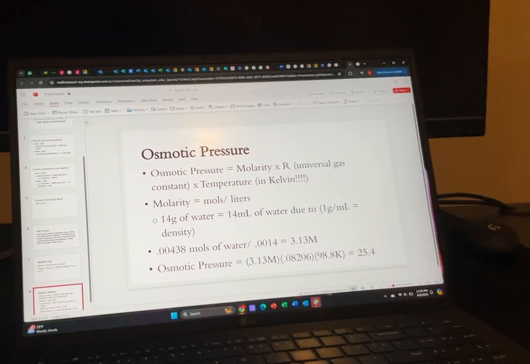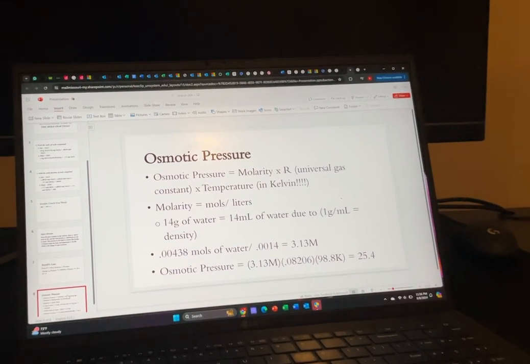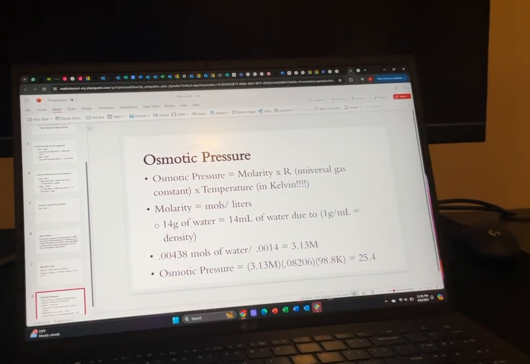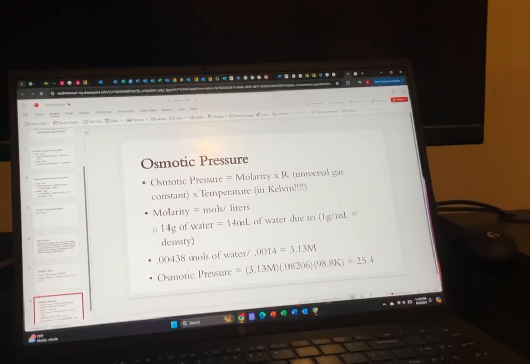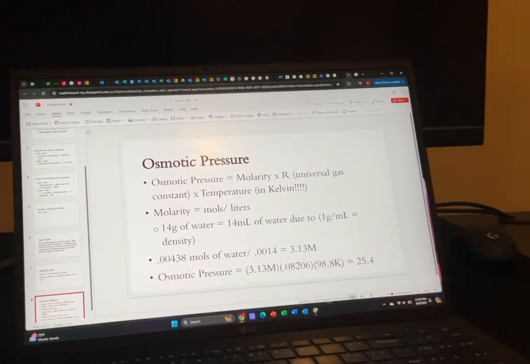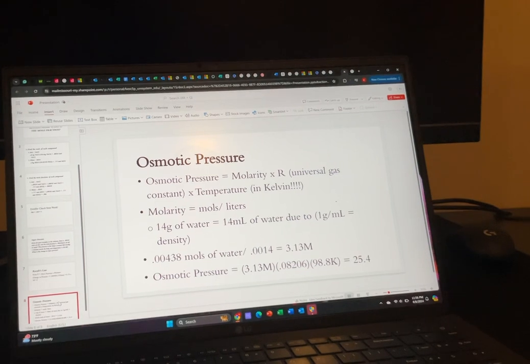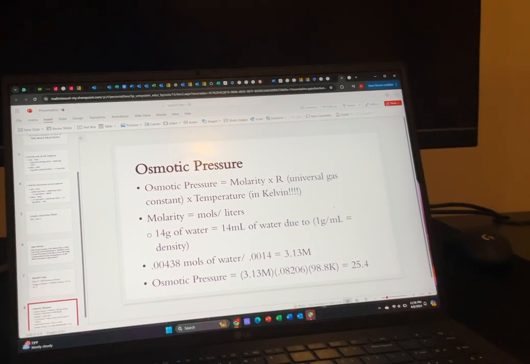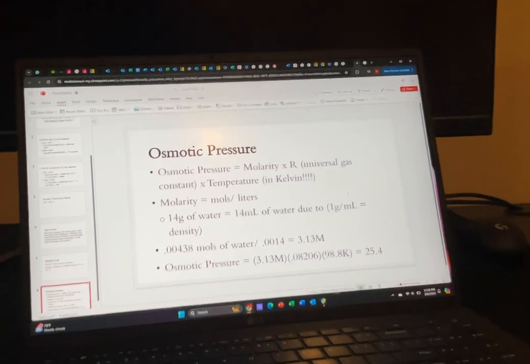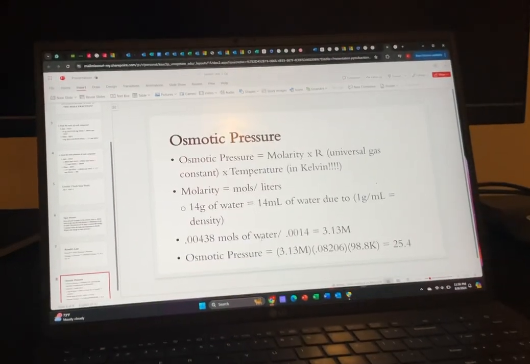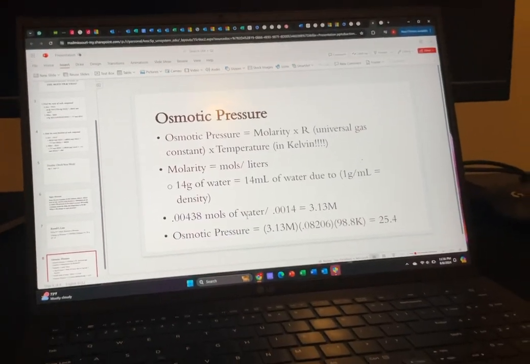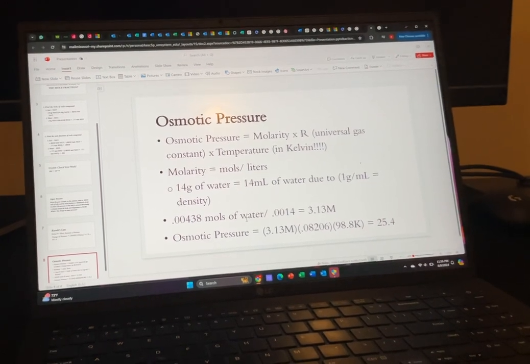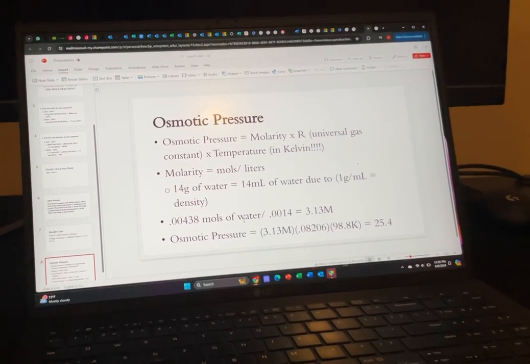But for molarity, you've got to use liters. So we had to do 14 divided by 1,000, which is 0.014. So we're able to do 0.00438 moles of salt. Sorry guys, this should be salt. That should be divided by 0.0014 liters of water, which gives 3.13 molarity.